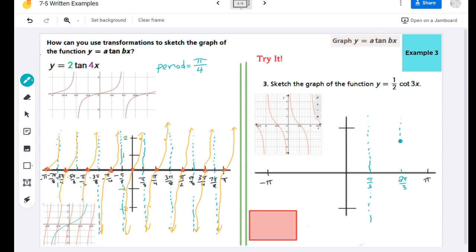So those are where my asymptotes go, right? Now, the struggle here, where we kind of encounter our struggle bus, is that our cotangent function has zeros halfway between these. So not only do I have these third things, but I need to go ahead and put tick marks between them in like the 6th positions in order to get my halfway markers.